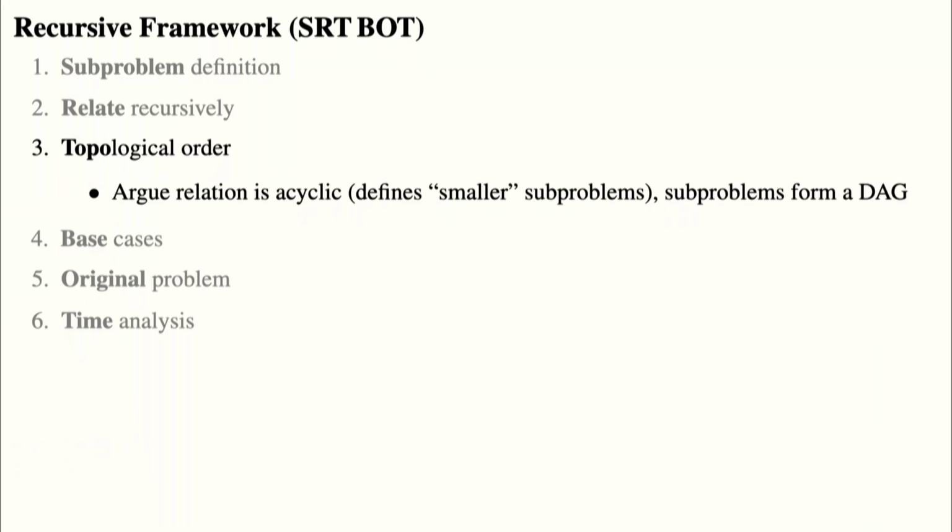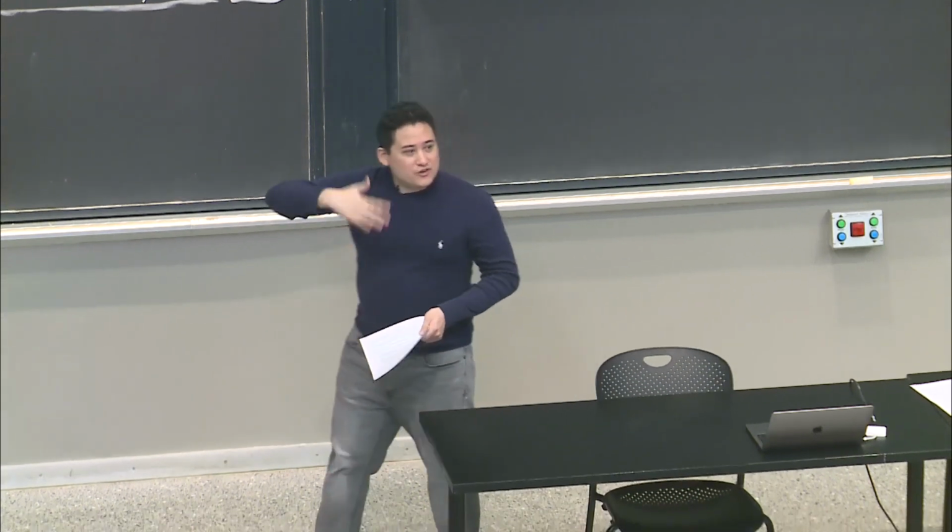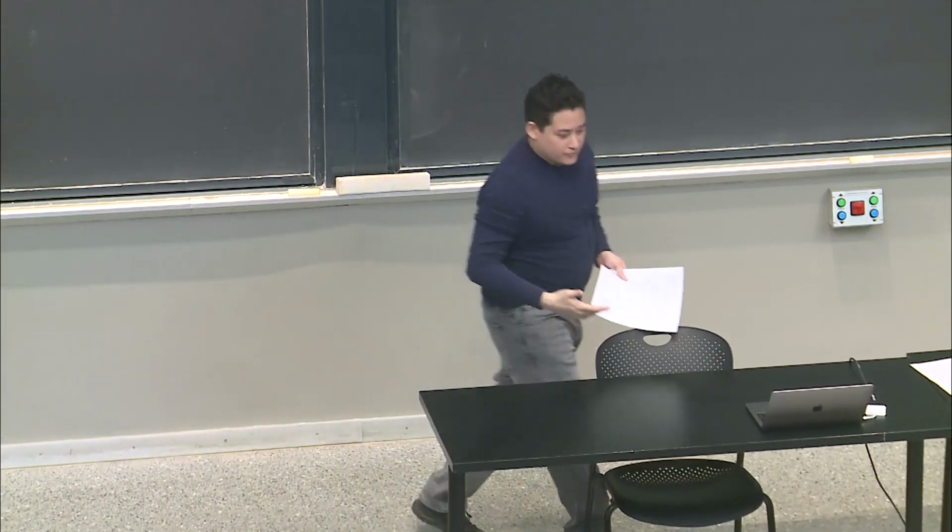Sometimes you have to add a couple of indices and see that the sum always increases because one may stay the same while the other increases. But in general, as long as you argue that the relations are acyclic, then the subproblem graph is a DAG, and you can compute in a bottom-up manner, and you don't get infinite loops in your recursion.